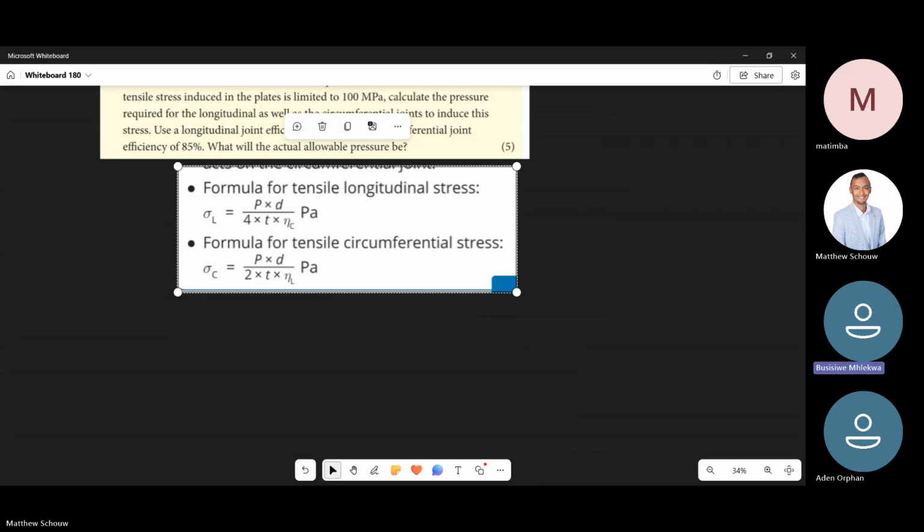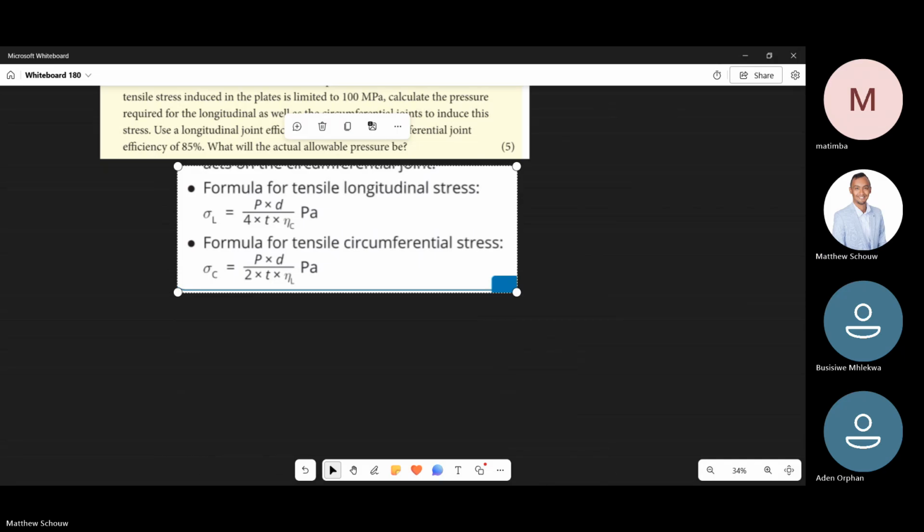Yes, sir, we can. Okay, so why are we using the circumferential efficiency of the joint on the longitudinal side, and why are we using the longitudinal on the circumferential side? What are your thoughts?